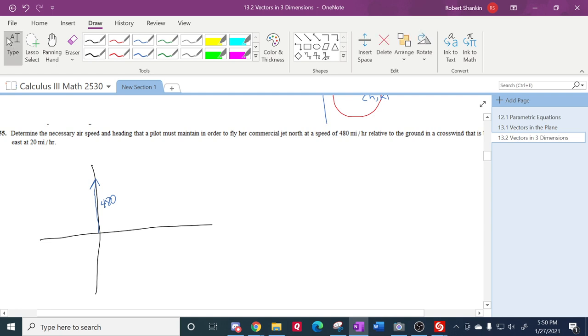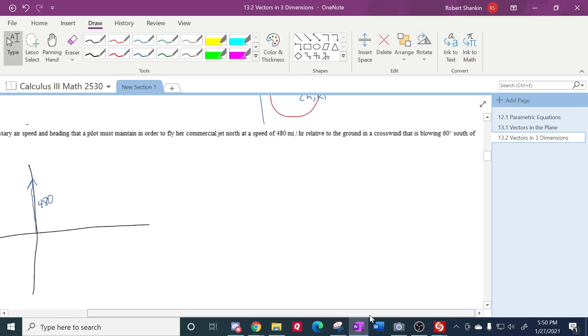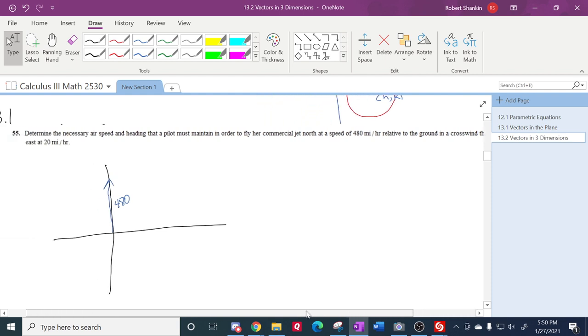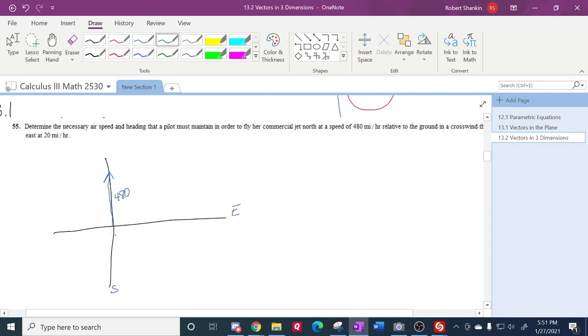But the crosswind is blowing 60 degrees south of east. So here is east, here is south. So the crosswind is blowing like this. 60 degrees, a little more than half of this.